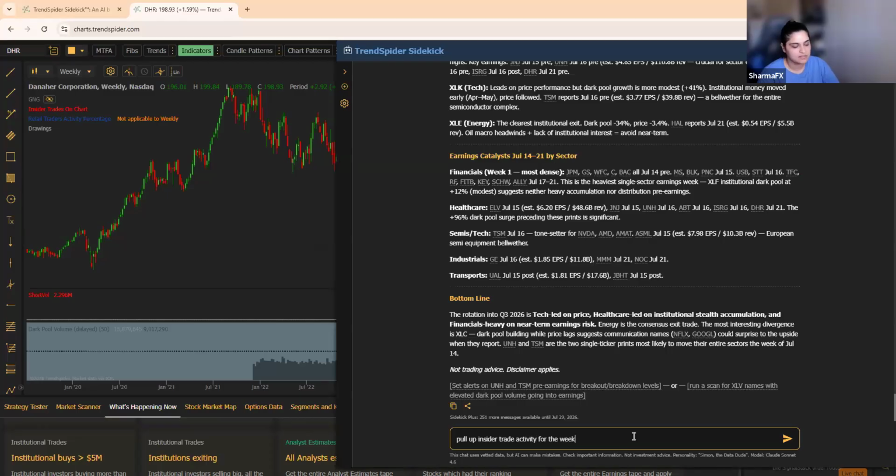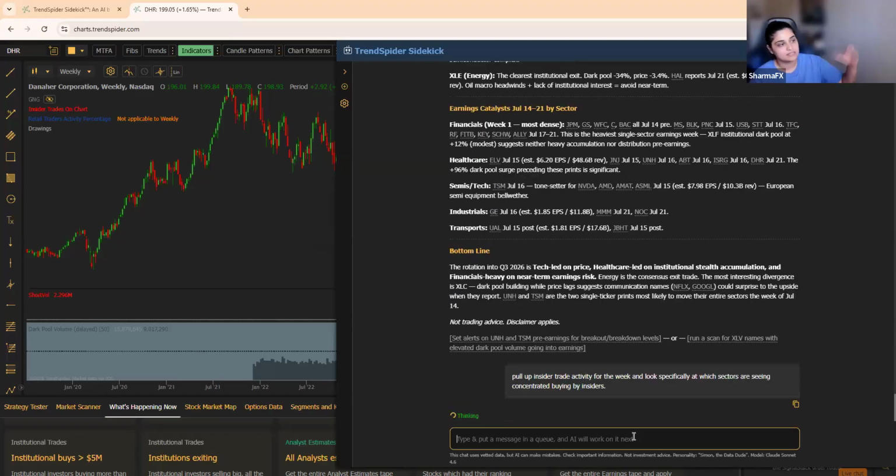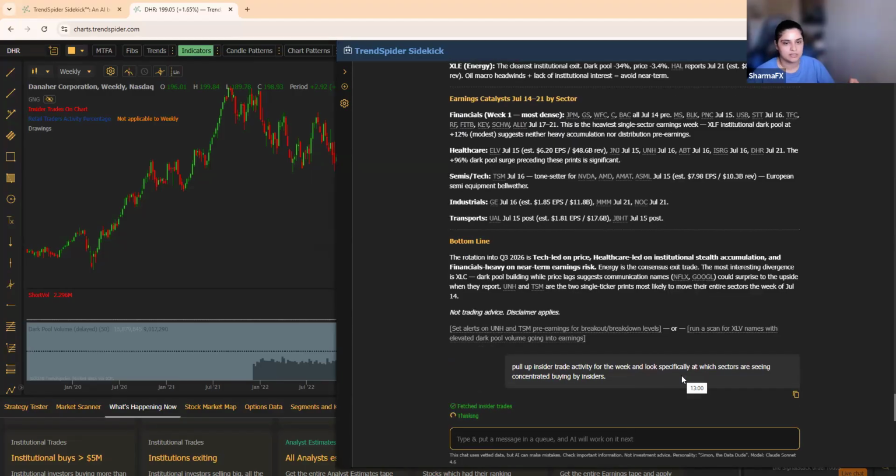And very specifically, look at what sectors are seeing concentrated buying. But what I'm going to do now is pair that up with the rest of the analysis that we have so far and dig a little bit deeper.